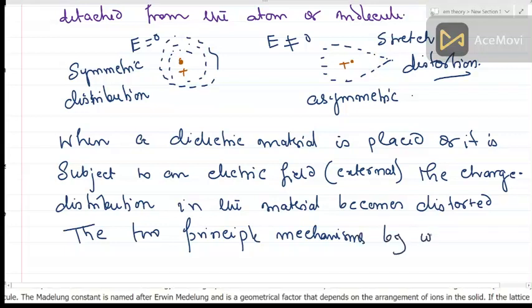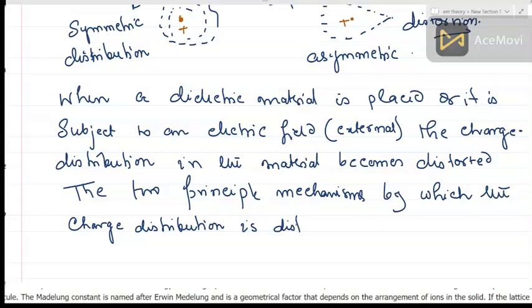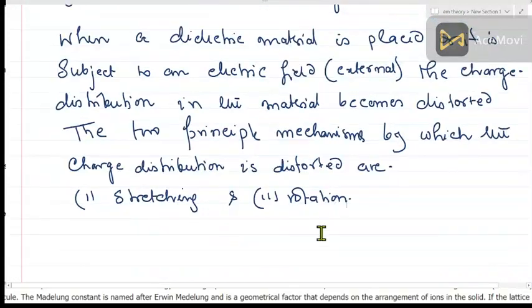The two principal mechanisms by which the charge distribution is distorted are one, stretching, and two, rotation.